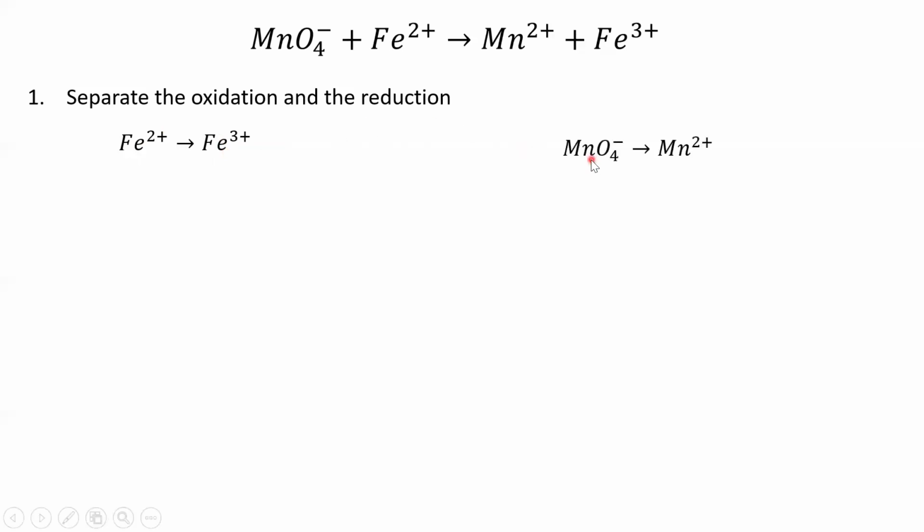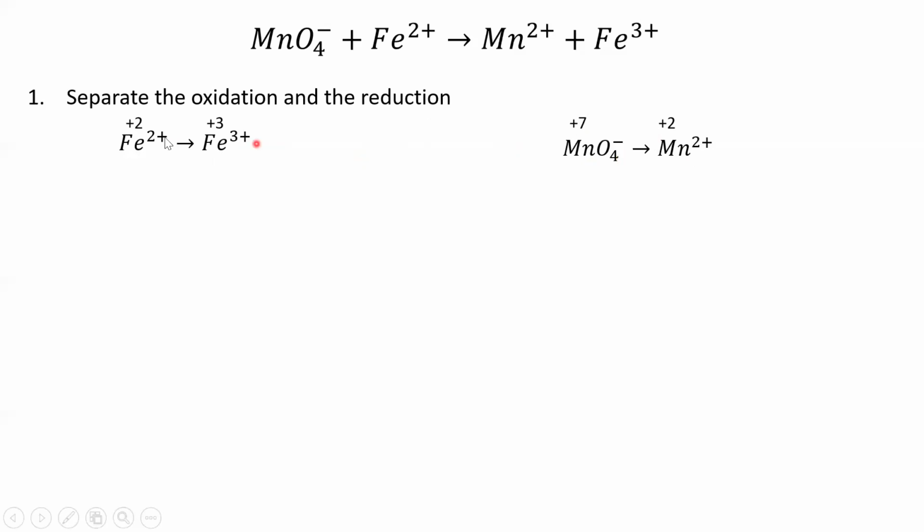And we have permanganate ions on the reactant side producing manganese 2 ions on the product side. So we have our oxidation and our reduction half reactions. And we're just going to go through the steps.